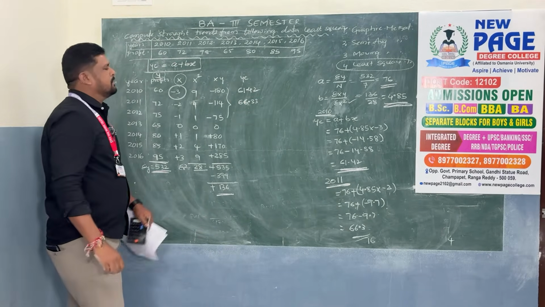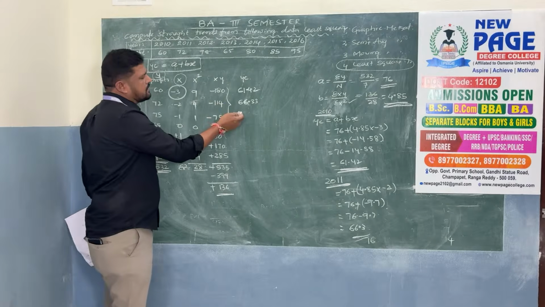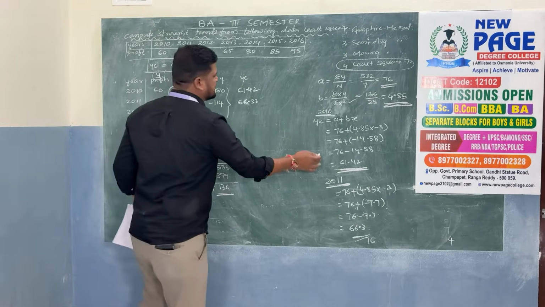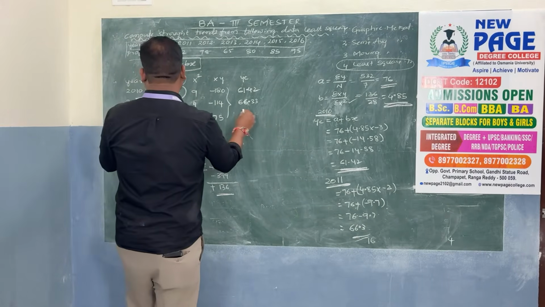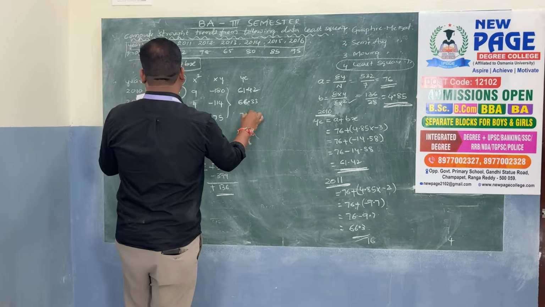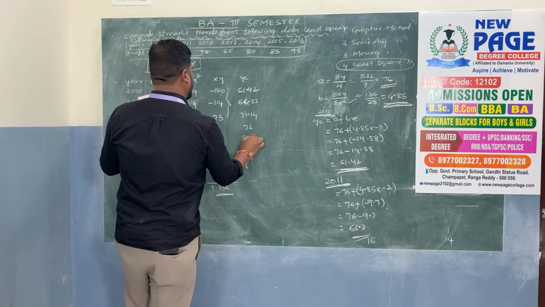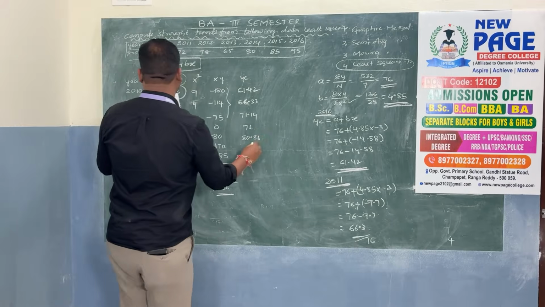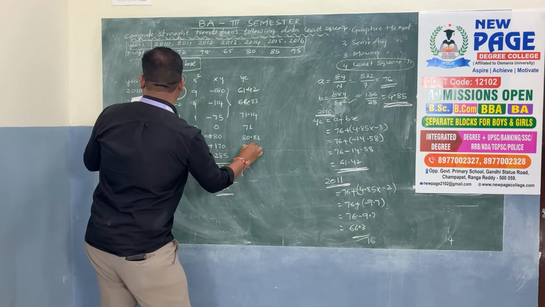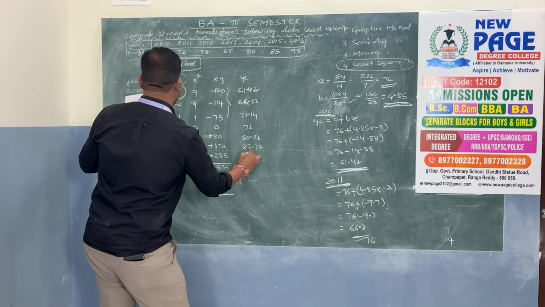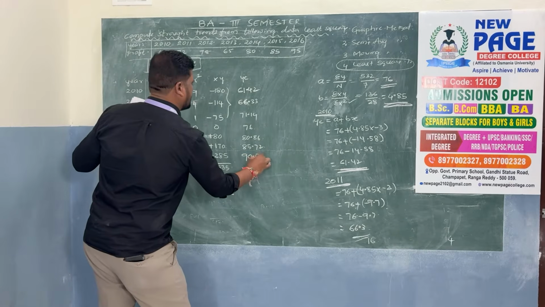Then calculate the remaining years like this. The values are 71.14, 76, 80.86, 85.72 and 90.50.